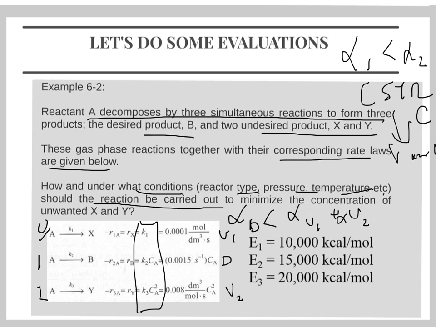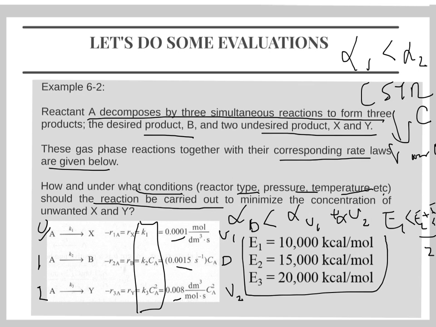Now, we are also considering the K, in order for us to decide on the temperature. So we have to compare the activation energy again. In this particular case, we compare E1 and E2 plus E3 divided by 2.